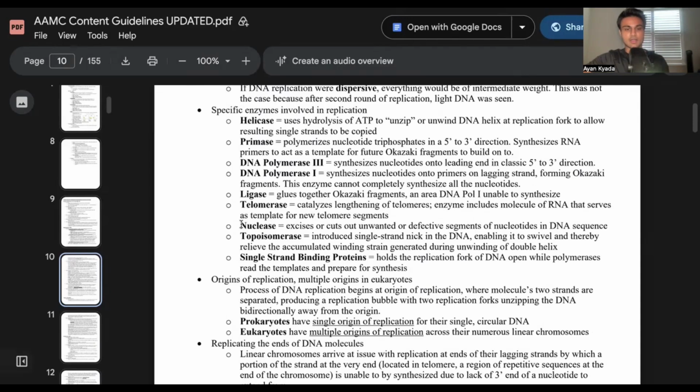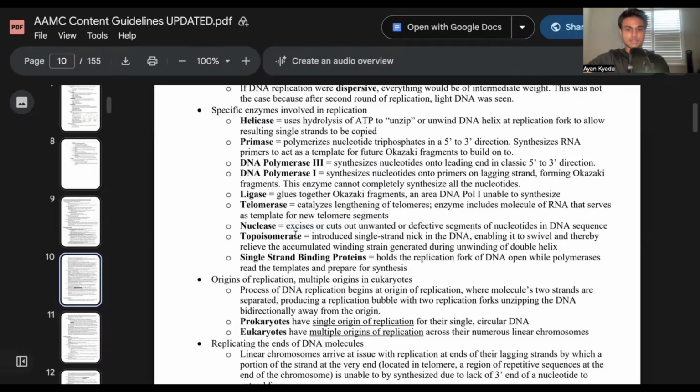And nucleases for now essentially help DNA polymerase achieve its proofreading mechanism. So when an incorrect base pair or unwanted or defective segment of nucleotides is identified, nucleases are a class of enzymes that are going to excise or cut out this piece of unwanted or defective DNA.